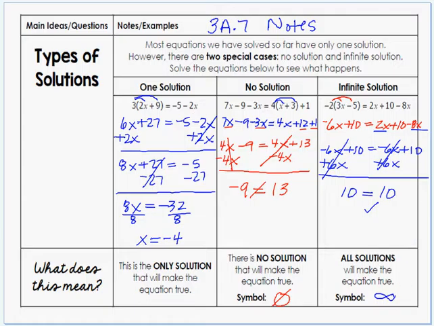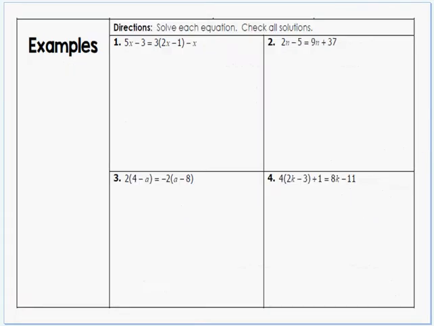So let's take a look at some more examples just to kind of apply this idea to some practice. So let's take a look. On number 1, we have 5x minus 3 equals 3 times 2x minus 1 minus this x. So my first step, I've got to distribute my 3 through.